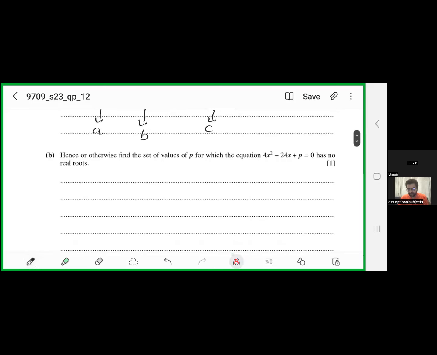In the next part, they say that hence or otherwise, find the set of values of p for which the equation has no real roots. Now, this is a condition, no real roots.